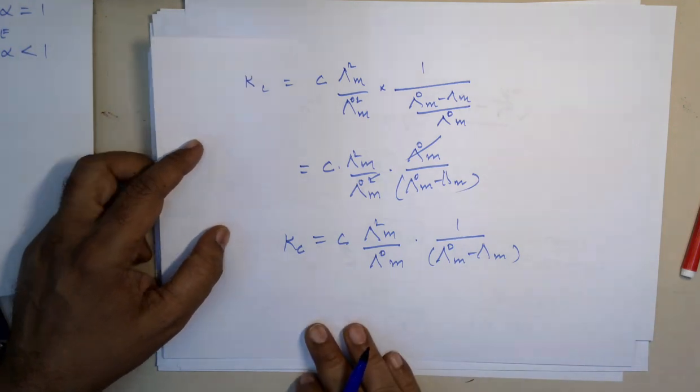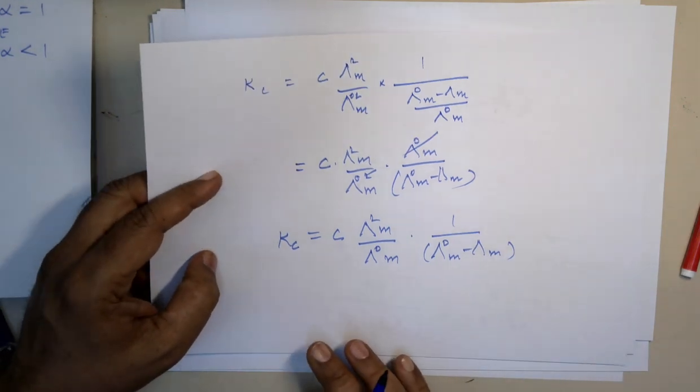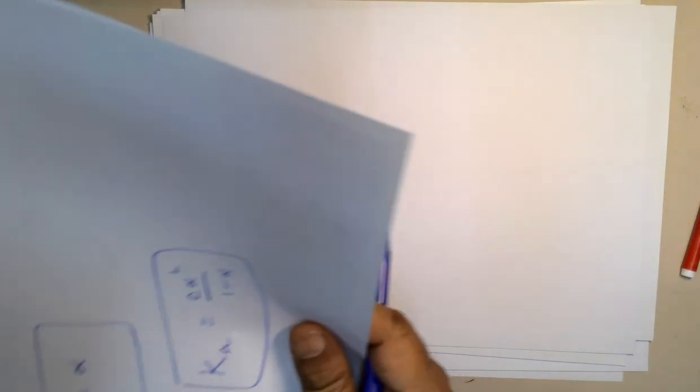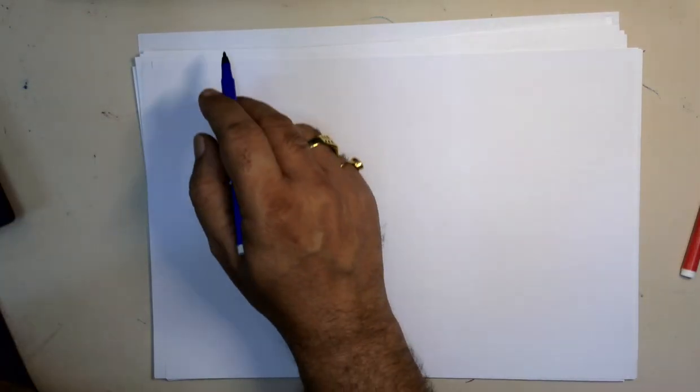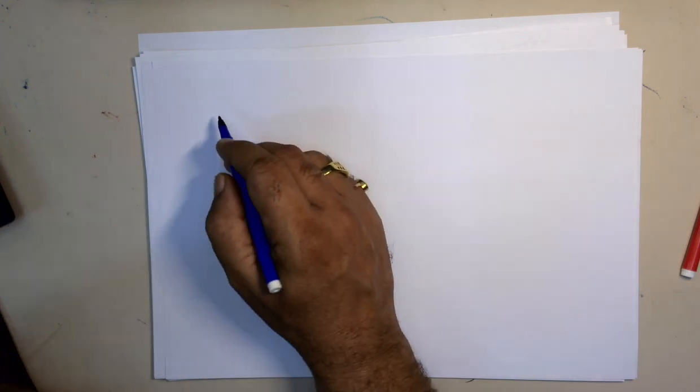Applying Kohlrausch law, we can determine the unknown values of ionic conductivity or molar conductivity. Let us discuss a few examples here. Take down: these are all applications of Kohlrausch law.